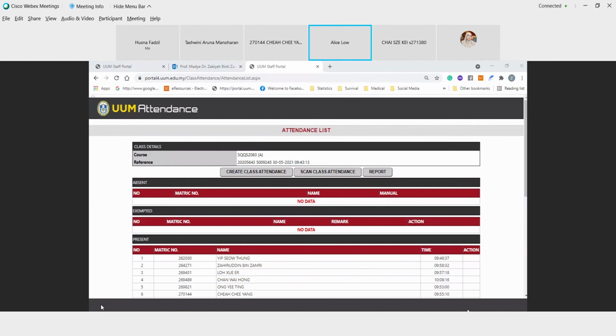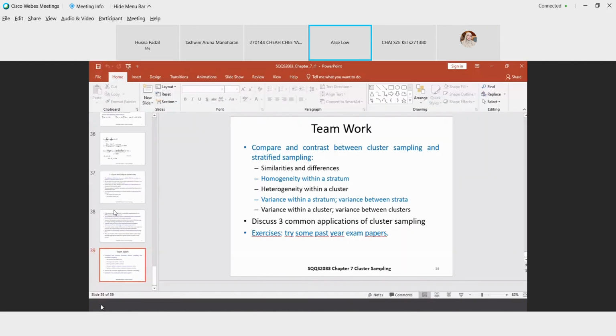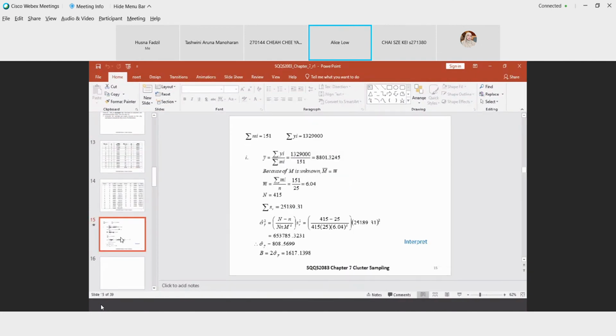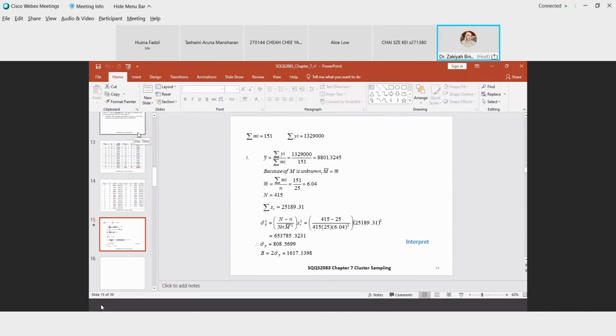Madam, I want to ask about page 15. Just now we need to do interpretation, right? Do we need to include the M bar in our interpretation? If M bar is the average cluster size, how do we interpret the M bar?